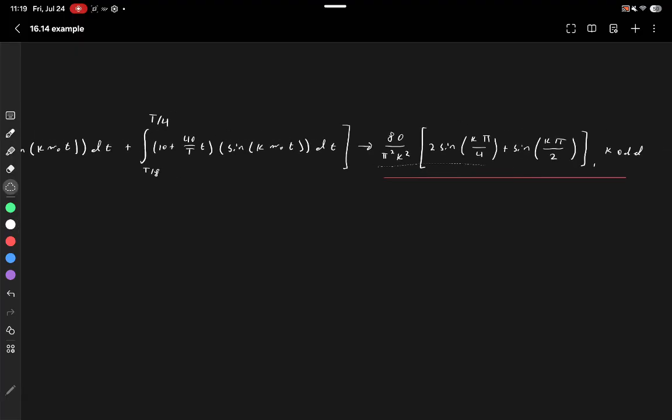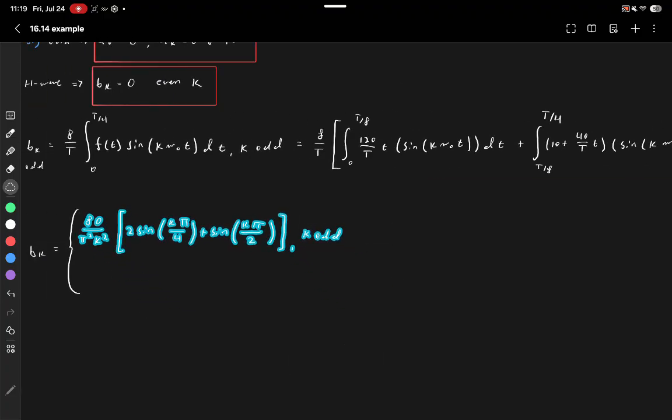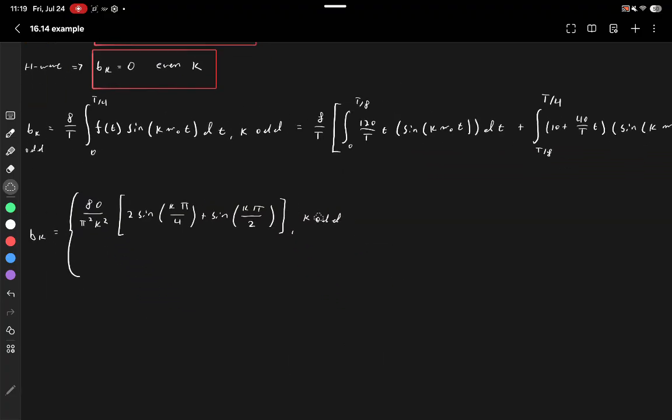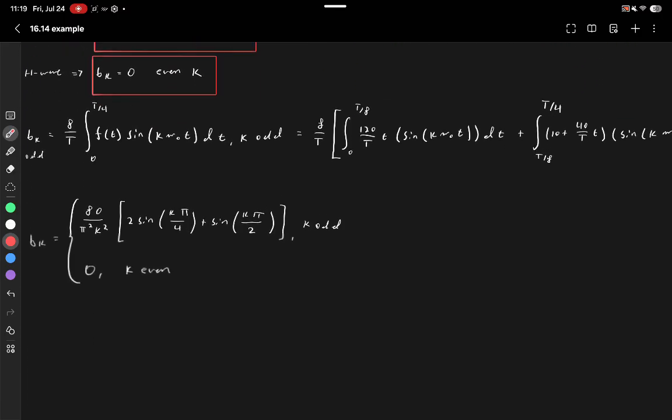See if we can do this easy. Go ahead and take that, do a little copy, throw that in there. We'll have this for odd k, and simply 0 for k even. Awesome. And that should give us our Fourier coefficients.